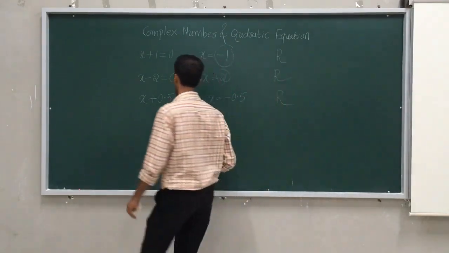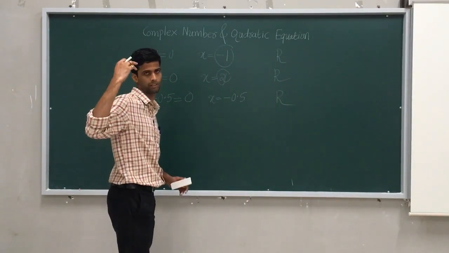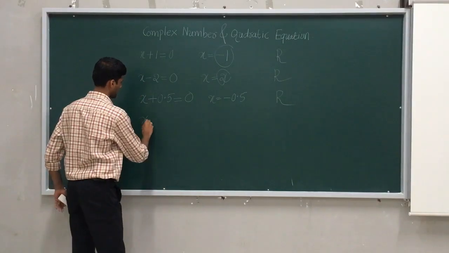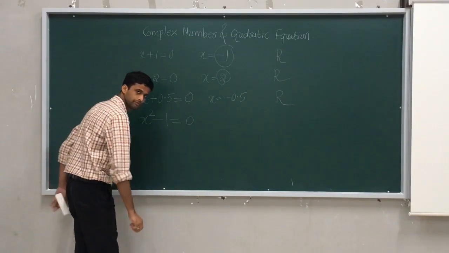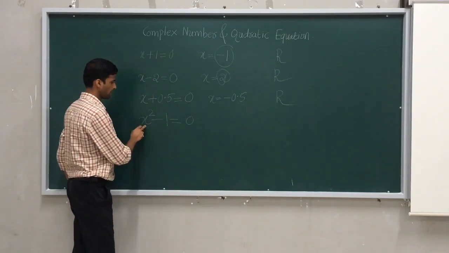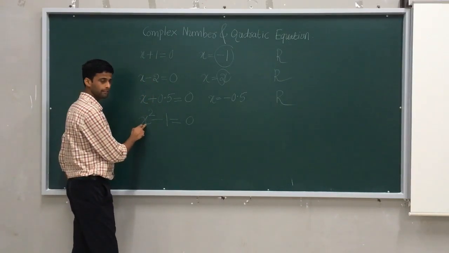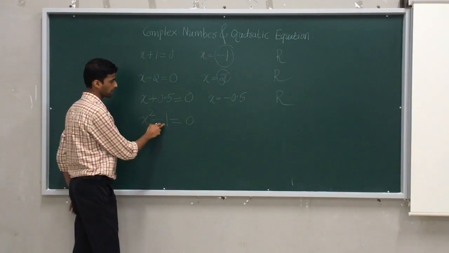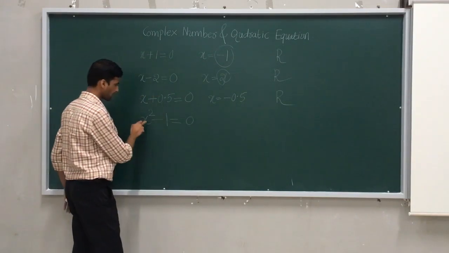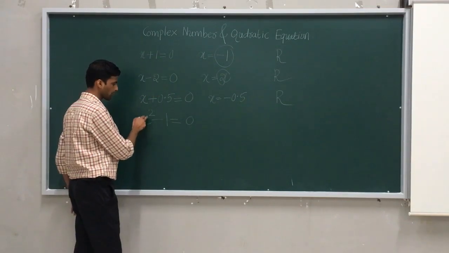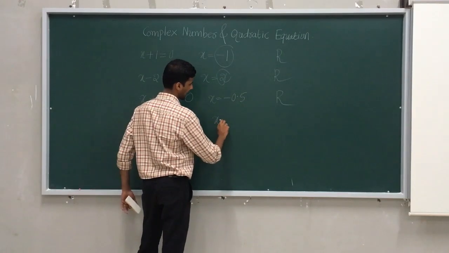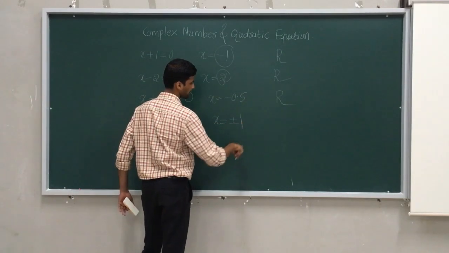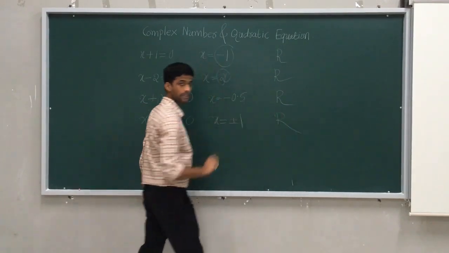But if I raise my equation, like x square minus 1 equal to 0, then if you put plus 1, it is 1 square minus 1, which is 0. If you put minus 1, its square is plus 1, and 1 minus 1 is 0. That is, x has two solutions, plus or minus 1. Again, it is real only.